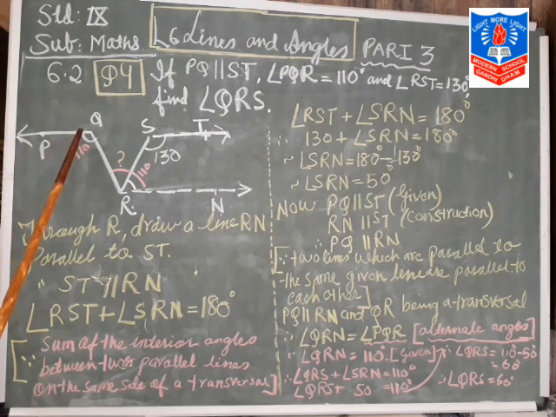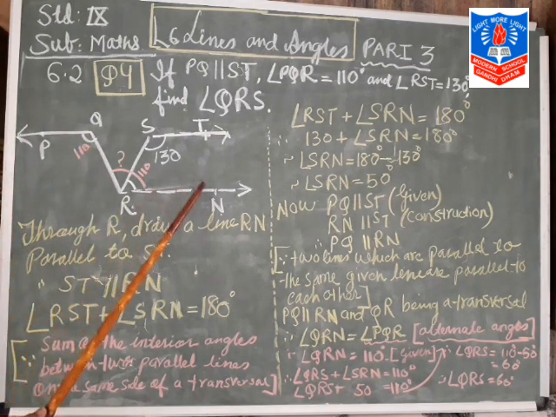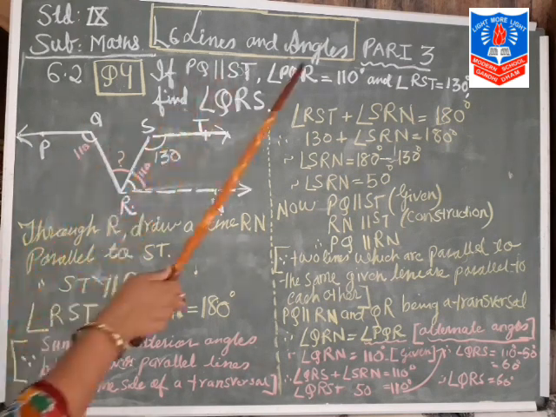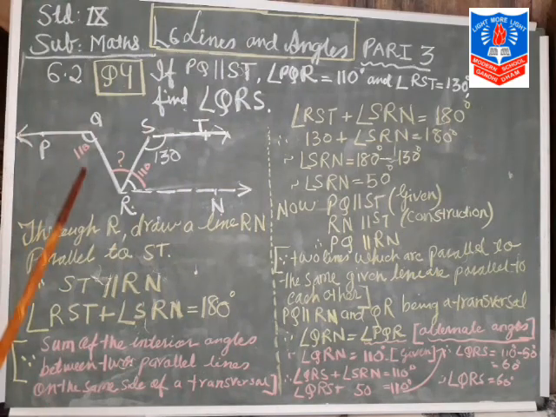So now QRN equals PQR. What is this? Alternate angles, children. PQR is given as 110, so QRN is fully 110.